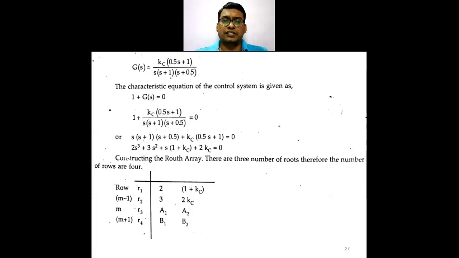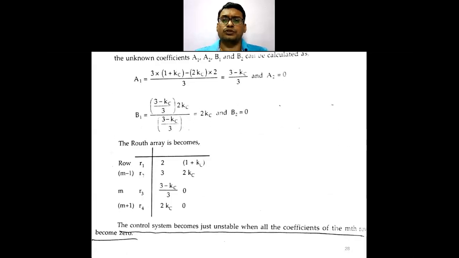So A1 is calculated, A2 is calculated, B1 is calculated, and B3 is calculated. Because S3 is nothing but the 3, the number of rows is n plus 1, or here it is written m plus 1 number of rows. 3 plus 1, that is 4 rows.